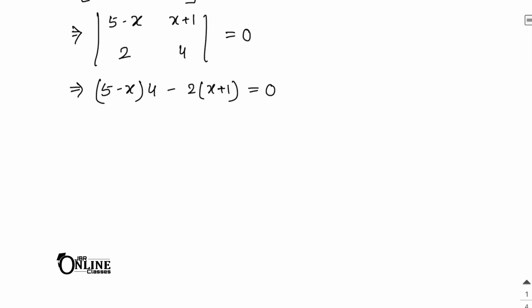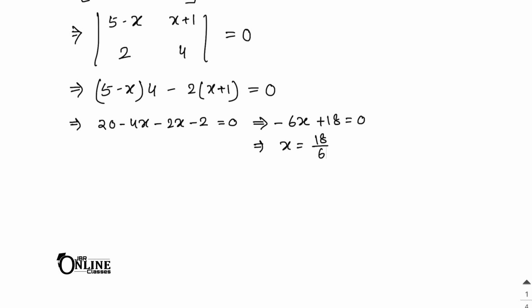So 20 minus 4x minus 2x minus 2 equal to 0. So minus 4x minus 2x is minus 6x, 20 minus 2 is plus 18, that equal to 0, and from that x equal to 18 by 6, that equal to 3. Okay, so here x equal to 3.